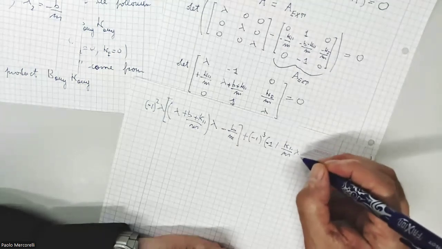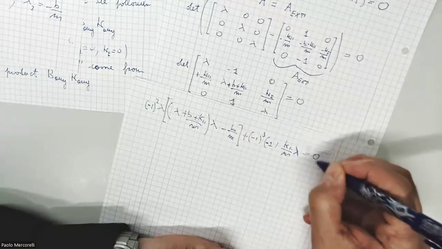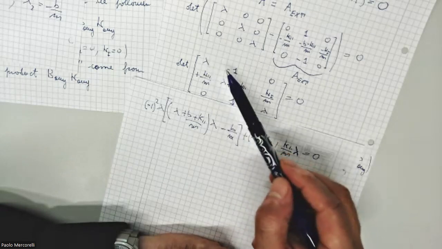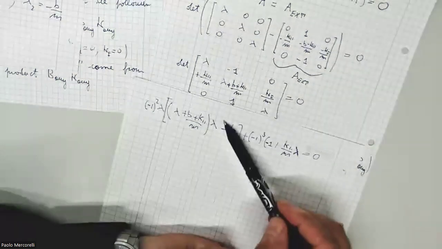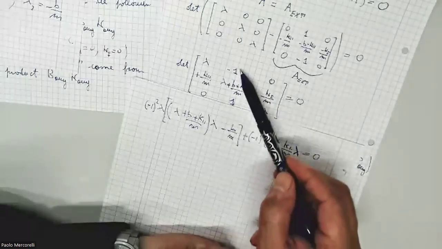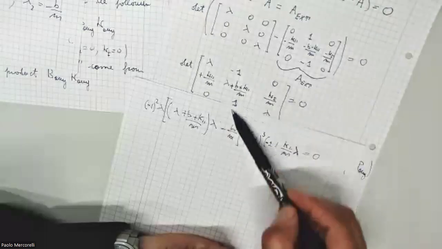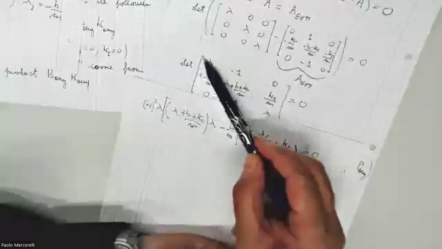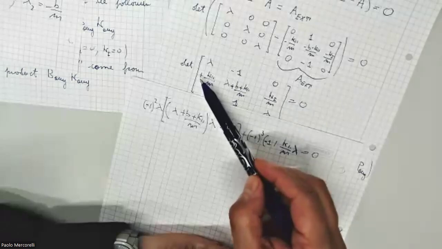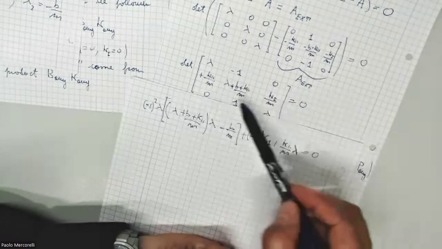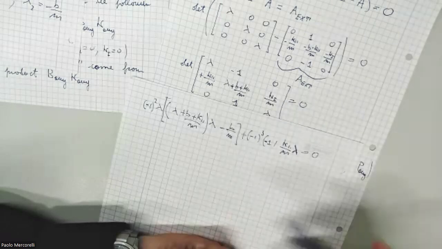Okay, I think no mistakes. Again, this multiplied by this minus this multiplied by this is okay. Here I have to consider this element here. Minus 1 up to 1 row plus second column up to 3, minus 1 this element. I cancel this column and this row. I will obtain this minor characterized by this and this. This means this multiplied by this minus this multiplied by this. I think everything's perfect.